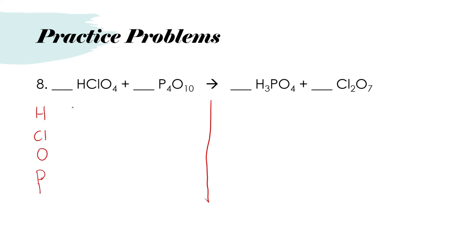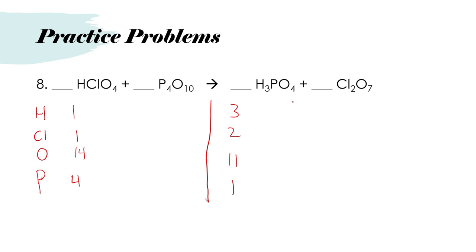So to start out, we've got 1 hydrogen, we've got 1 chlorine, we've got 14 oxygen to begin with, and we've got 4 phosphorus. Now, our only source of phosphorus on this side, actually, sorry, I'll get to that in a second. So we've got 3 hydrogen, we've got 1 phosphorus, we have 11 oxygen, looks like, and we've got 2 chlorine.